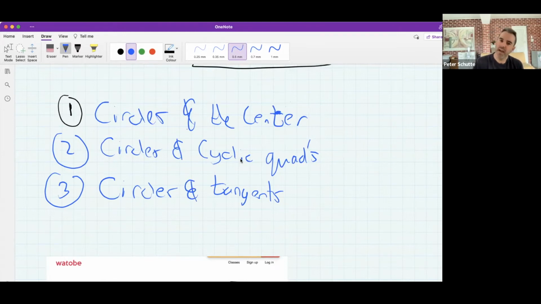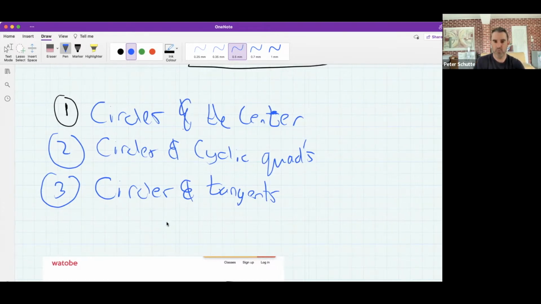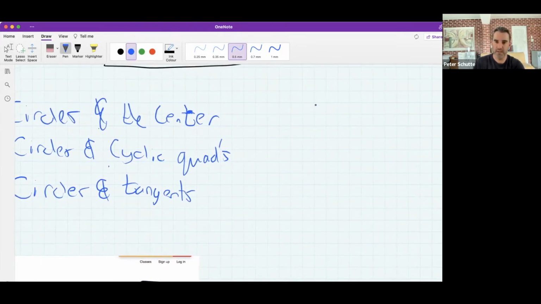So let's just do a quick check. Does everybody know what a cyclic quad is? Or let me just quickly make sure. So if we think about a circle and the center, I think that's pretty obvious, right? And so there's some theorems. Often there's things like the shape of the arrowhead that come into it, and some other theorems that are similar to that.